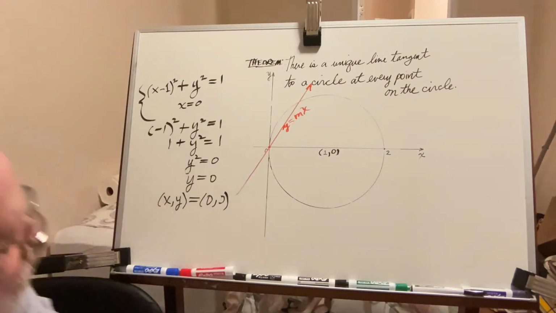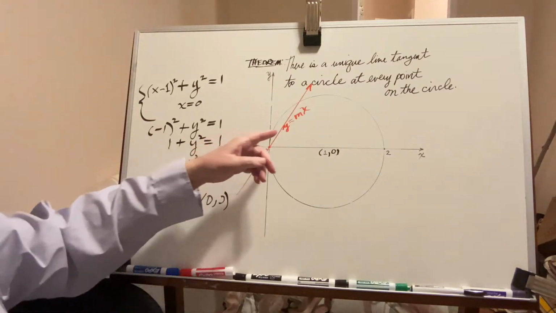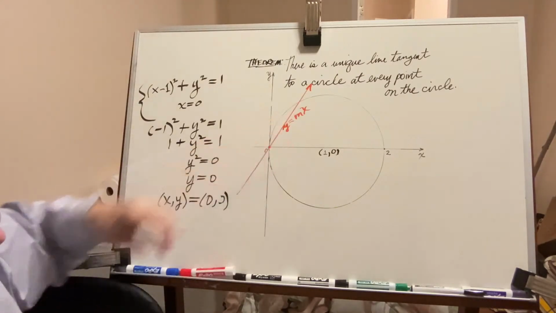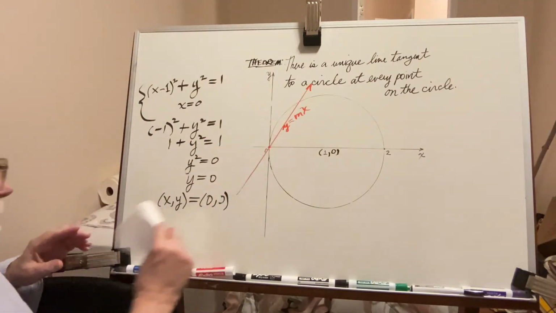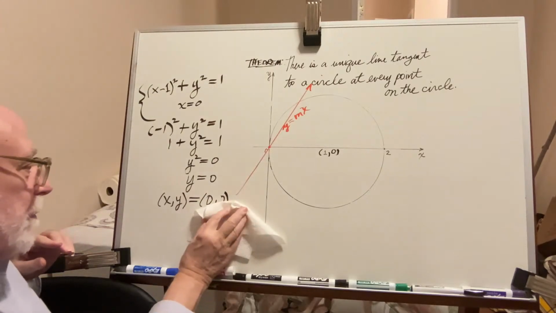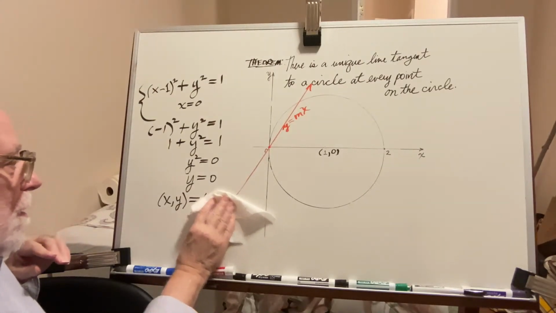Every other line through the origin has an equation y equals mx, where m is some real number, some constant.